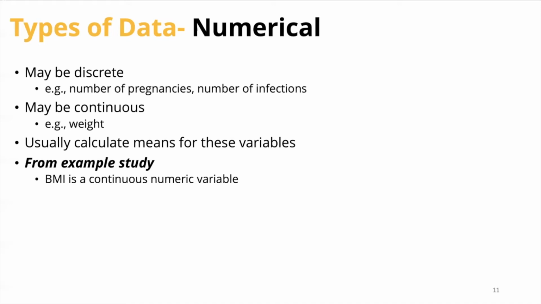So a continuous numerical variable would be something like weight. And typically you calculate means for these variables. So from our example study that I outlined in the first part of the lecture, BMI is a continuous numerical variable.